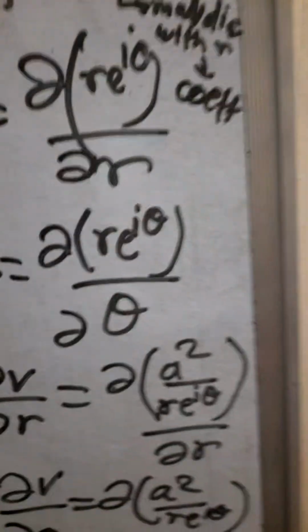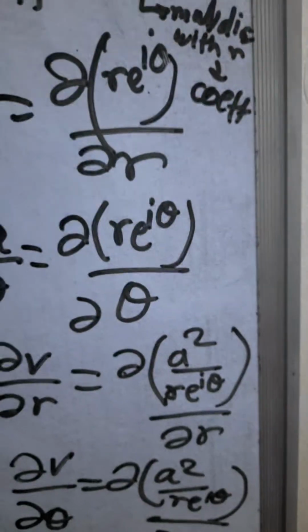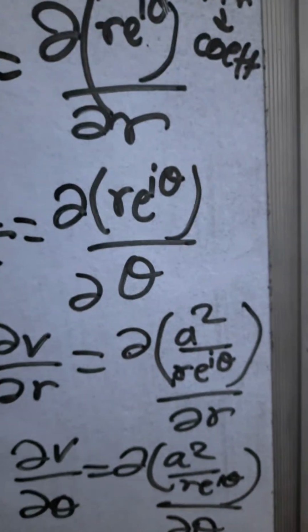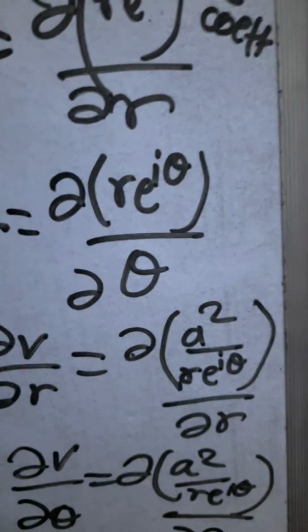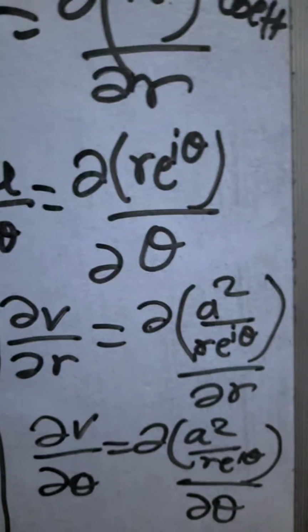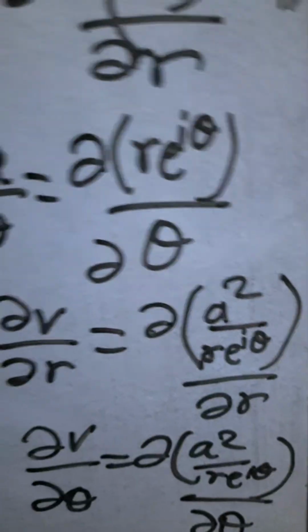So i theta is a separate function whose exponential e function we have. Theta is what we want. It is inside the i theta function, and the i theta function itself is inside the exponential function. So it is a layer by layer, double layer function.